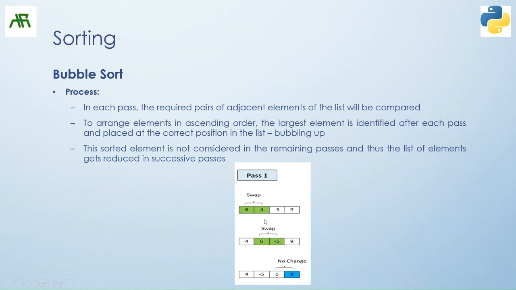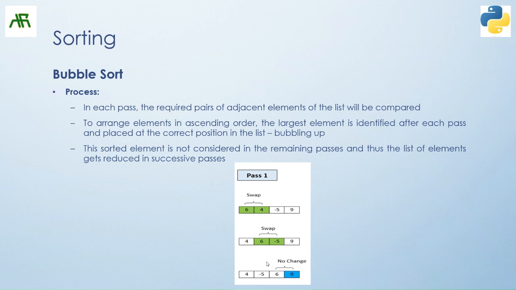Here, one element is compared with the previous one only once, and the comparison moves to the next set. Whatever element is undisturbed from the first pass just stays there. For example, in the last row, we have 4, minus 5, 6, and 9.